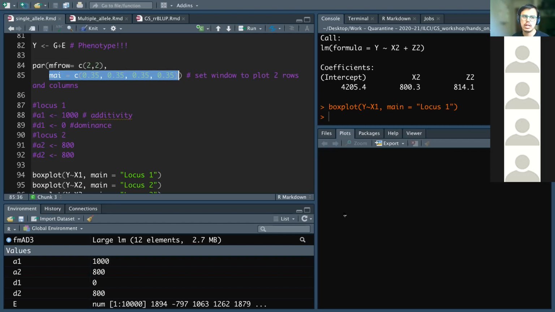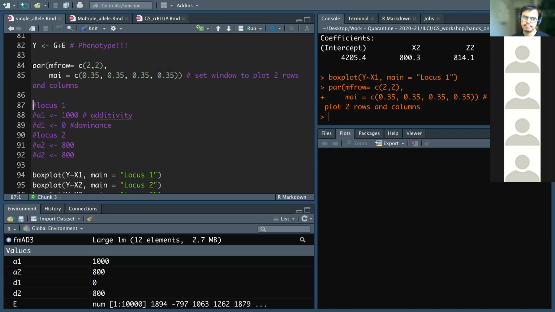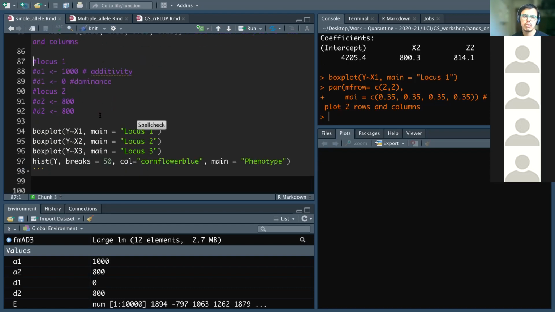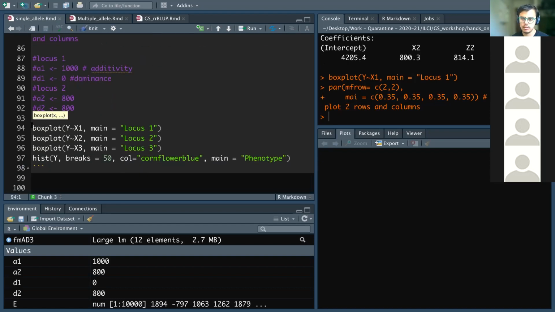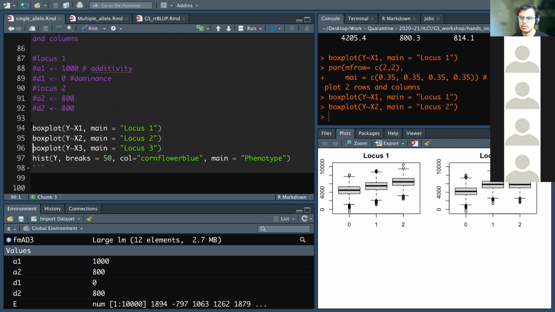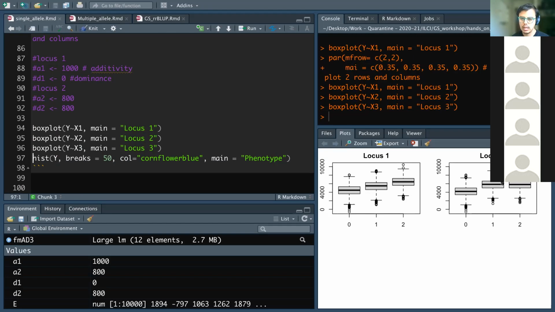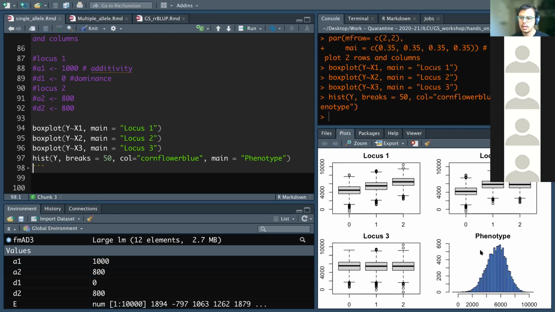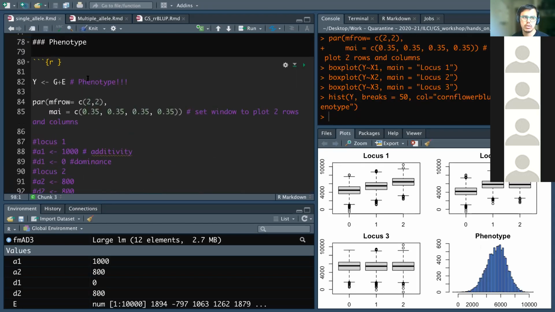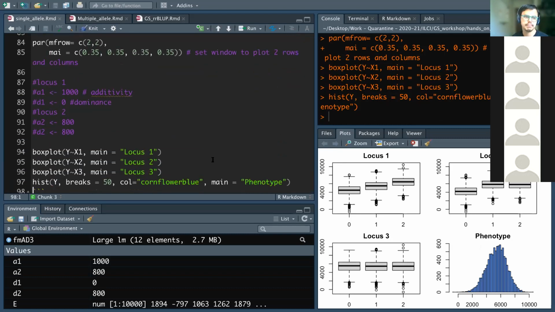So that is just a graphic parameter to show you the data, but that doesn't have any relationship with the analysis. So here we have the first row, and this is the second row that we use here. So this command is really useful if you want to put several plots in the same window, basically. Okay.